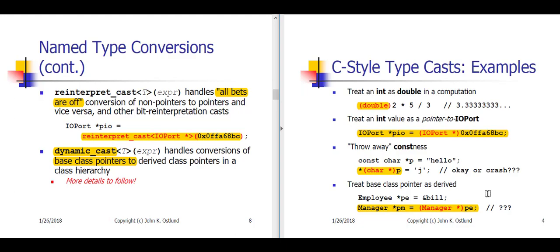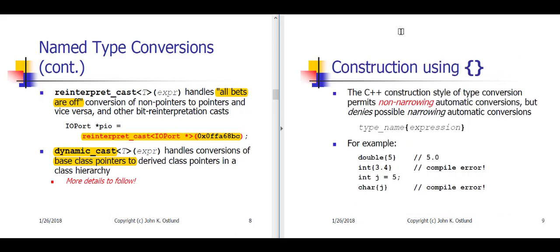But dynamic cast will only do that if the base class pointer really is pointing at a derived class object. So of the 4 named type conversions, const cast, static cast, reinterpret cast, and dynamic cast, dynamic cast is really a new feature that we didn't have using the old-fashioned C-style casts. And we'll have a lot more to say about that later.